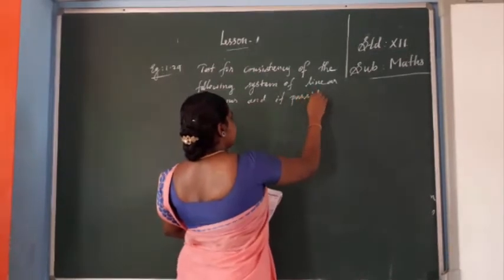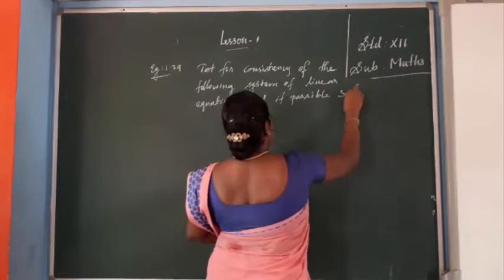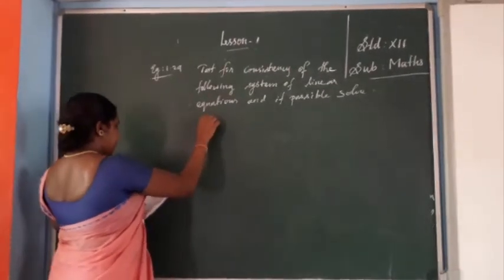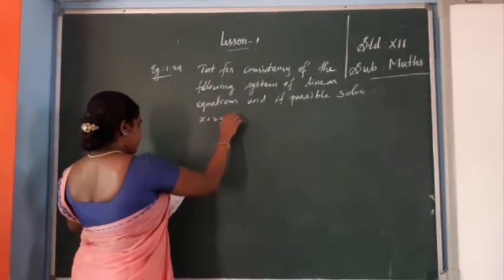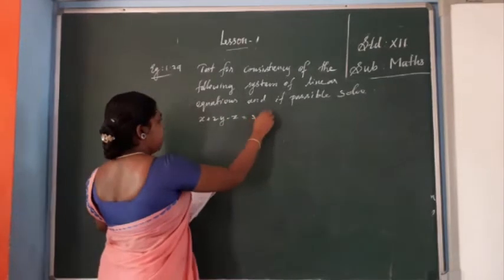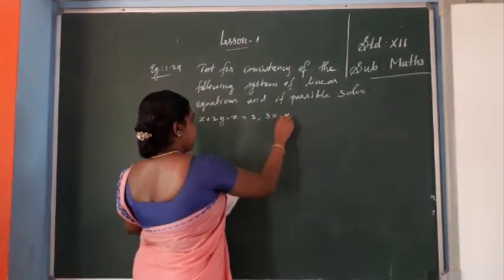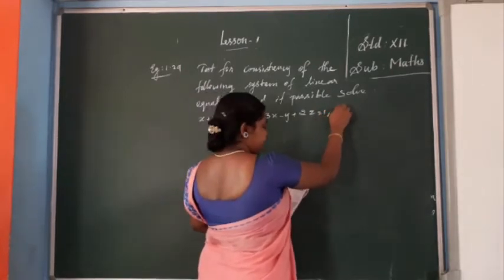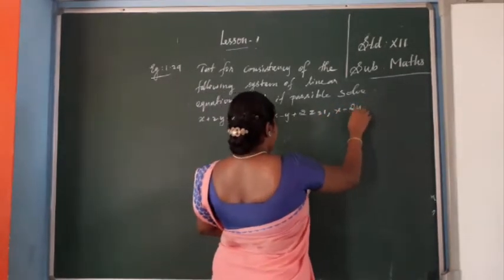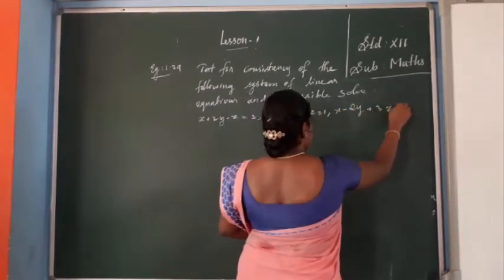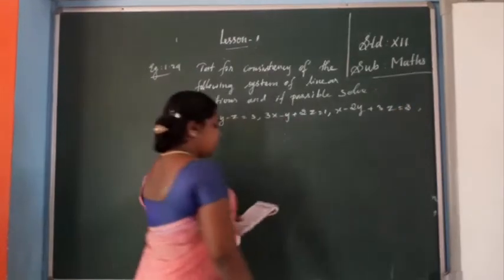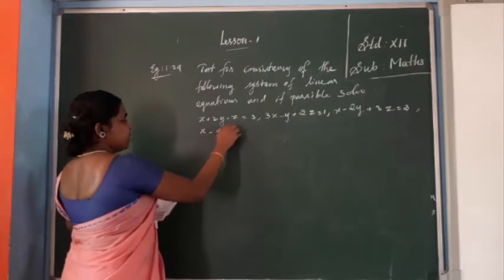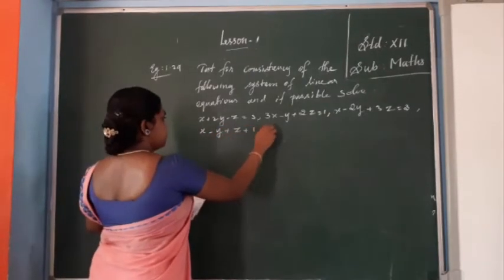So the question is x plus 2y minus z equal to 3, 3x minus y plus 2z equal to 1, x minus 2y plus 3z equal to 3, x minus y plus z plus 1 equal to 0.